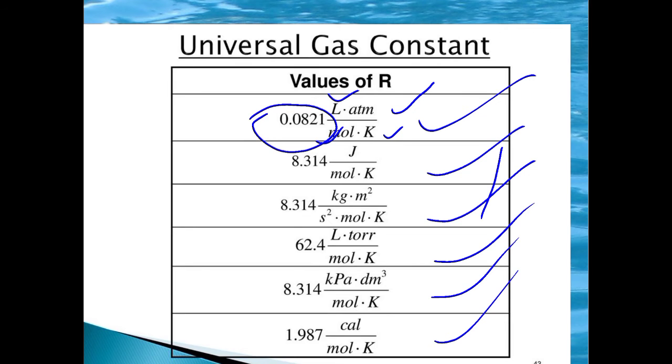If pressure is in joule and temperature in Kelvin, this will be the value. If pressure is in kilogram meter per meter square and temperature in Kelvin, this will be the value. So you can use the Clark's table to identify the value. There are so many values, so this gas constant is known as the universal gas constant.